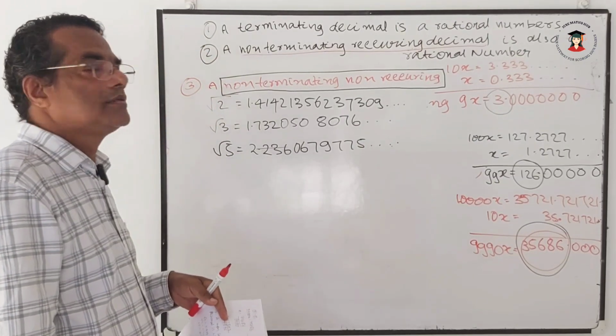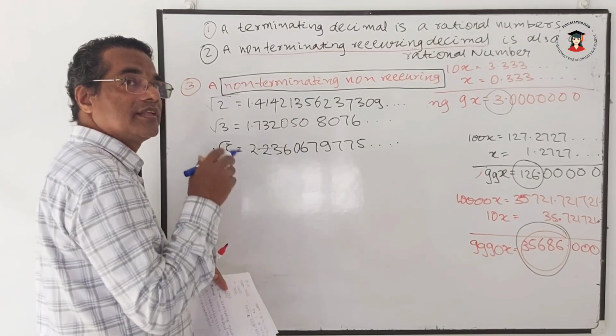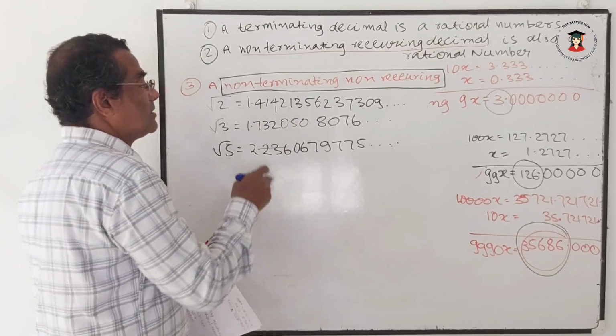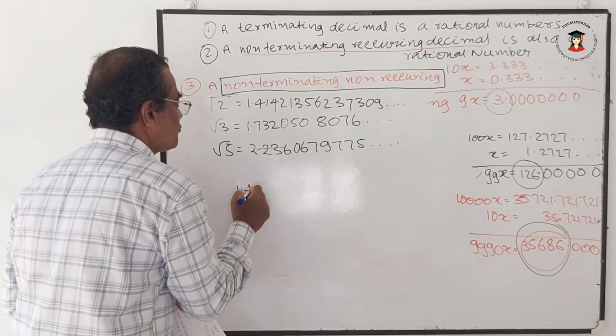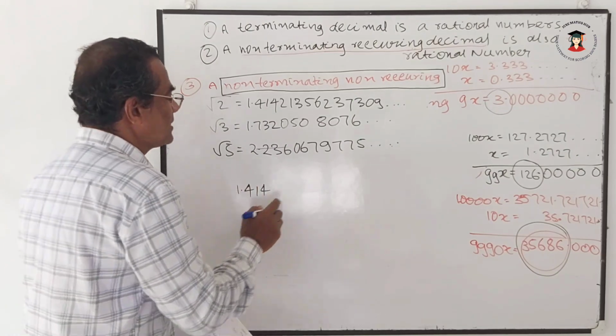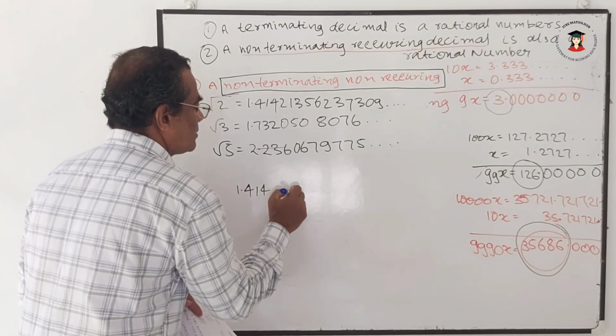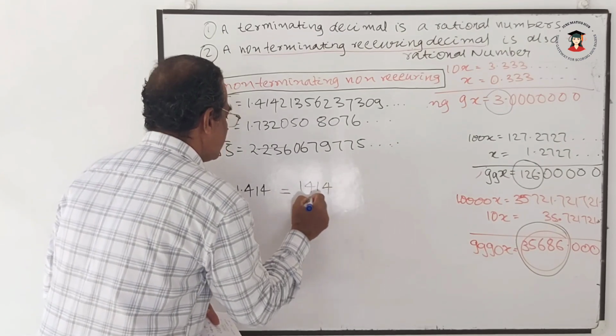And in the first method also, that was for terminating decimals. Since the digits are not terminating, suppose if it is 1.414, if it was only this much, then we would have written it like this: 1414 divided by 1000.